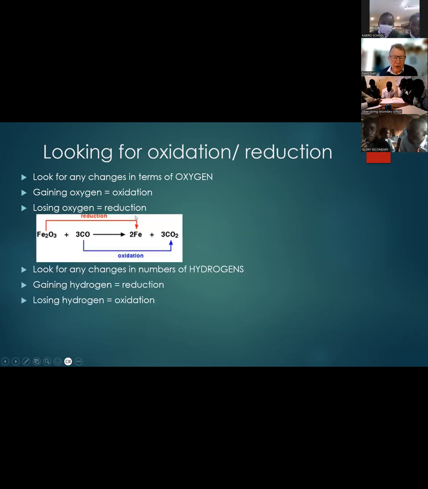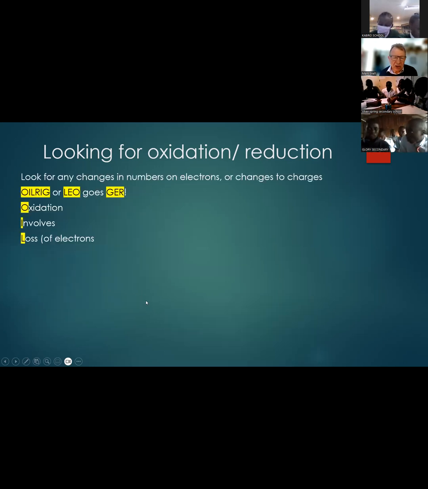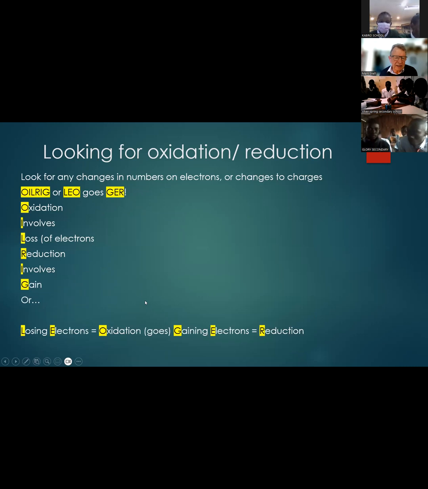If you pick up hydrogen, you're being reduced, okay? With electrons, look at this. Just try to remember this. Look at this bottom one down here. Losing electrons is oxidation. Losing electrons is oxidation.